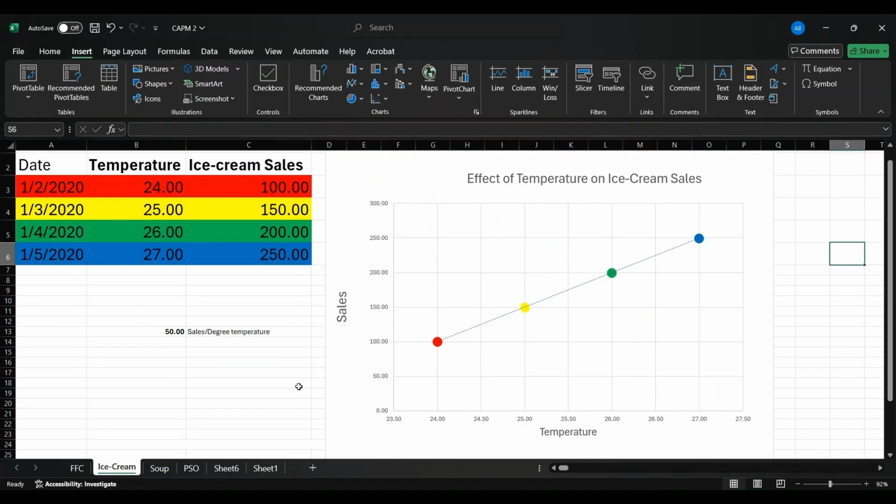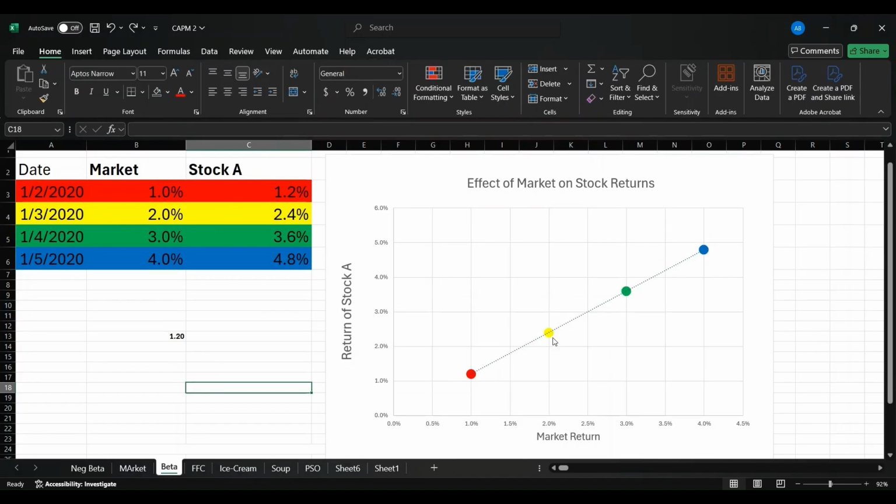Similarly, in the case of ice cream, if the temperature is increasing by 1 degree, you see that the sales are increasing by 50 units. Now, suppose that we plot on the x axis the market returns and on the y axis the return of a stock.